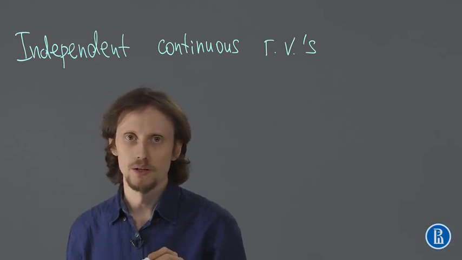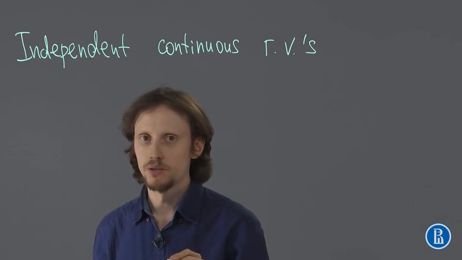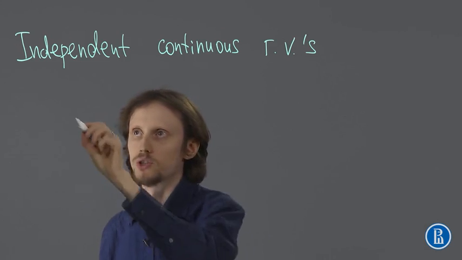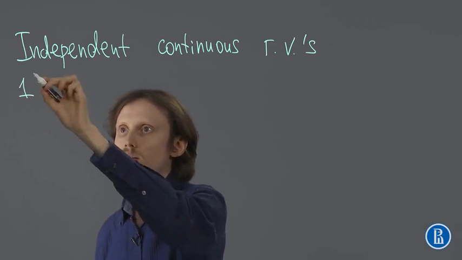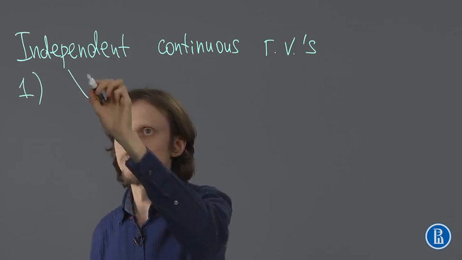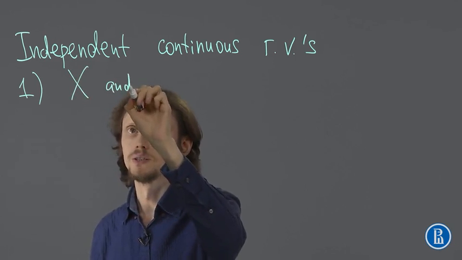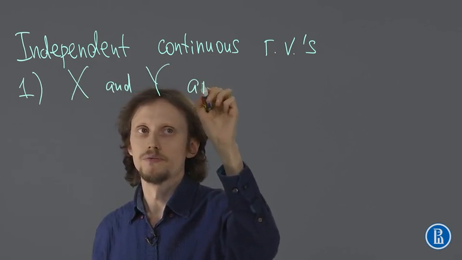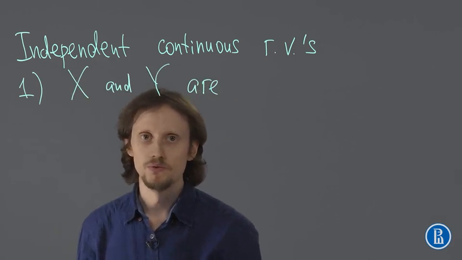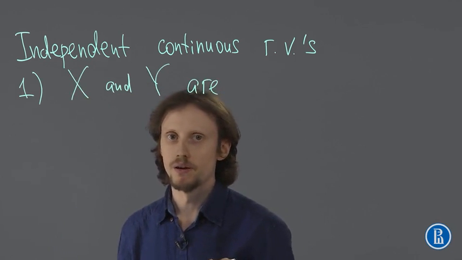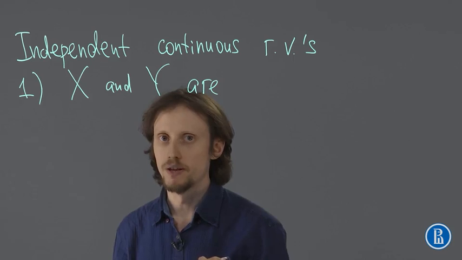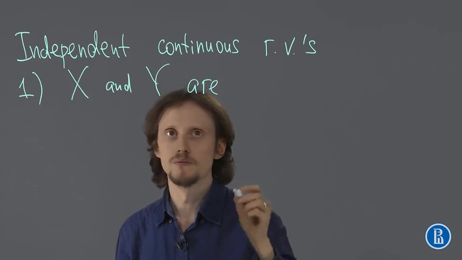First of all, we can discuss it in terms of cumulative distribution functions. In this case, we can say that x and y are independent if their cumulative distribution function can be factored as a product of two functions.